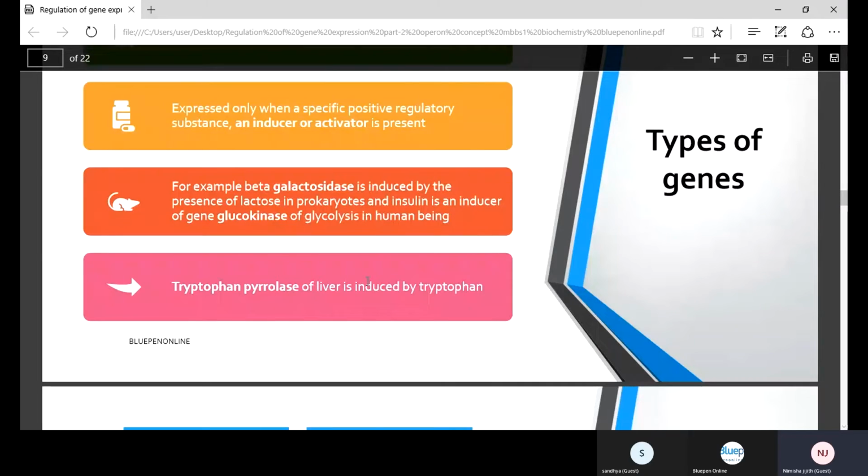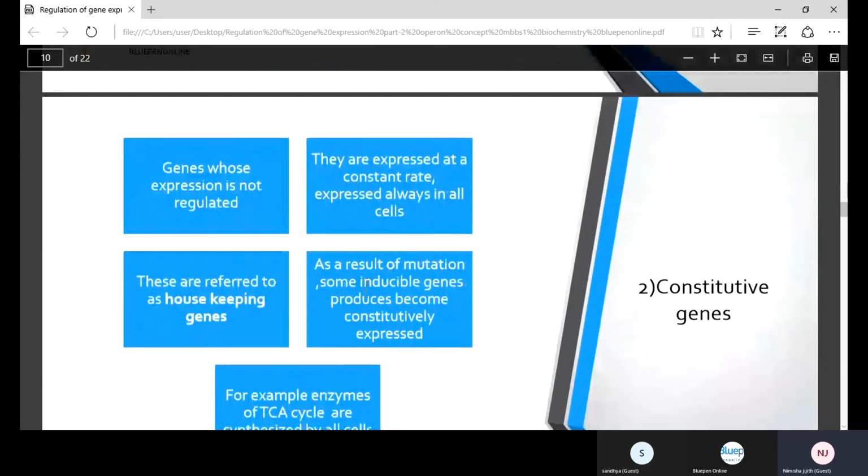Then next are constitutive genes, genes whose expression is not regulated. Positive regulation and negative regulation is required only for inducible genes. In the case of constitutive genes, there is no need of regulation. They are expressed at a constant rate, always, in all cells.